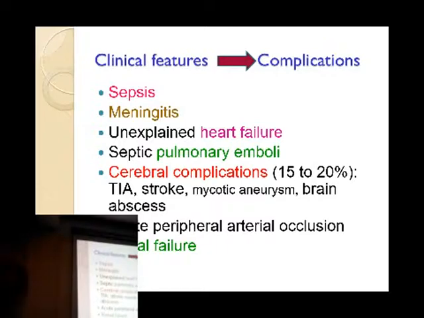Apart from that, in left-sided infective endocarditis, due to dislodgement of vegetations, acute peripheral arterial occlusion, limb ischemia, and ischemia of the bowels can happen. Even renal failure can happen due to acute glomerulonephritis or due to sepsis.